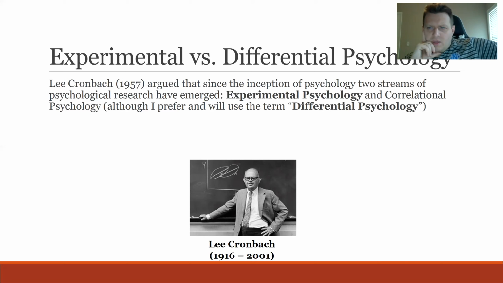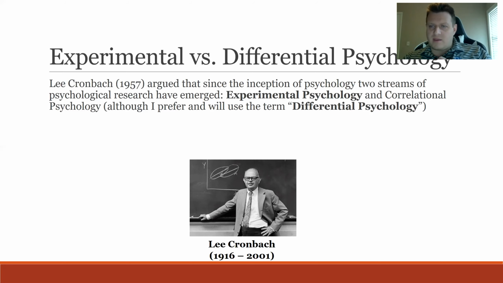So in 1957, Lee Cronbach was elected as the president of the APA, which is the American Psychological Association. And as the president of the APA, one of your responsibilities is that at the huge annual convention every year, you give a presidential address to talk about where psychology is headed.